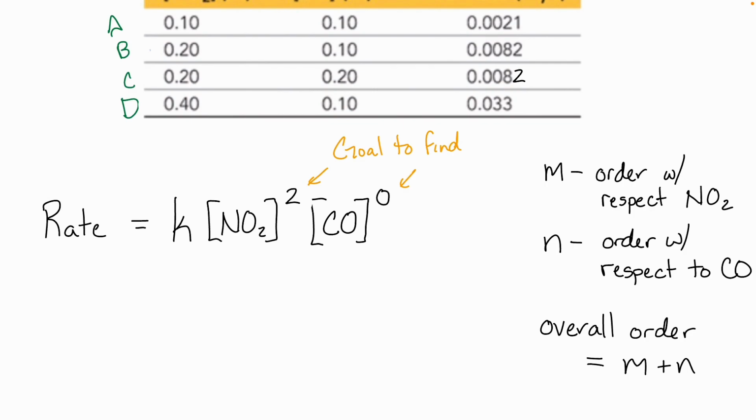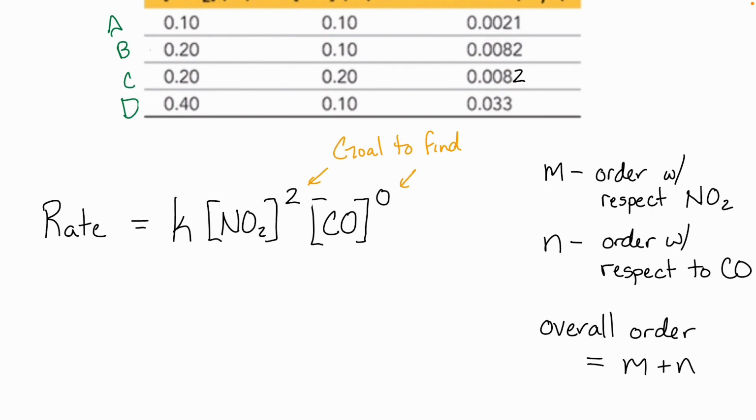Which data point, A, B, C, or D, am I going to pick to figure out what k is? Any of them, exactly. It doesn't matter at this point, right? I've got all those pieces.